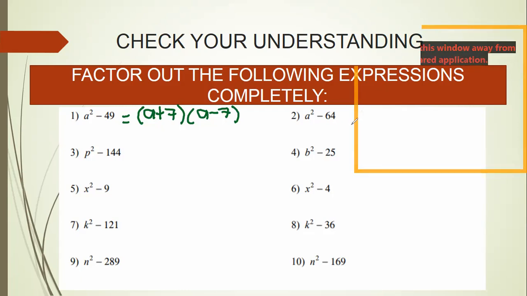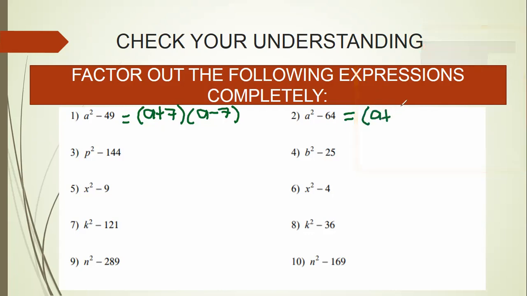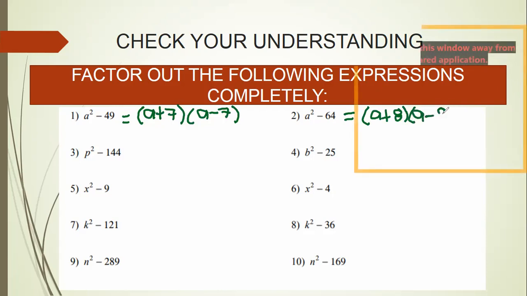For number two, the factored form of a squared minus 64 is a plus 8 and a minus 8. For number three, the factored form of p squared minus 144 is p plus 12 and p minus 12.